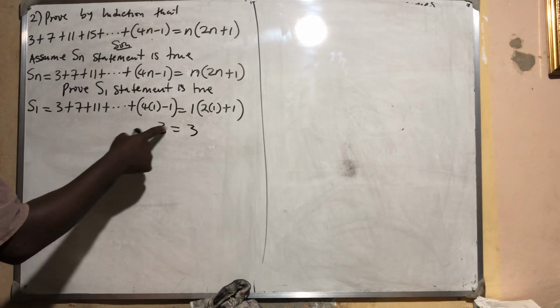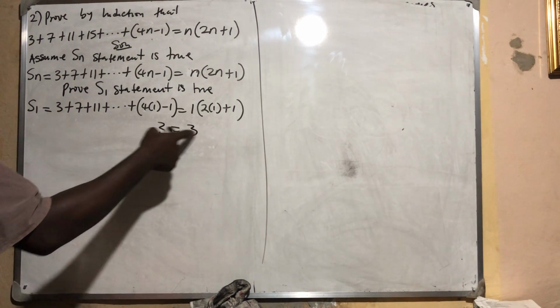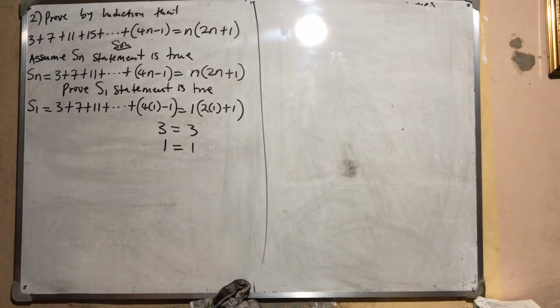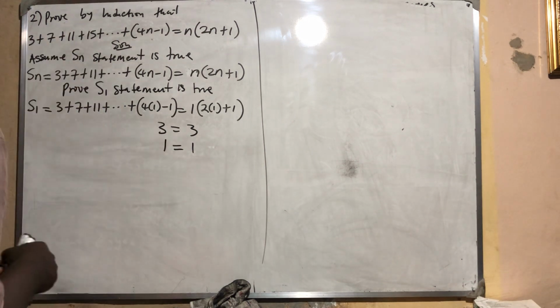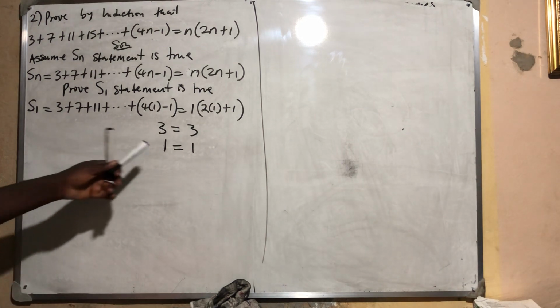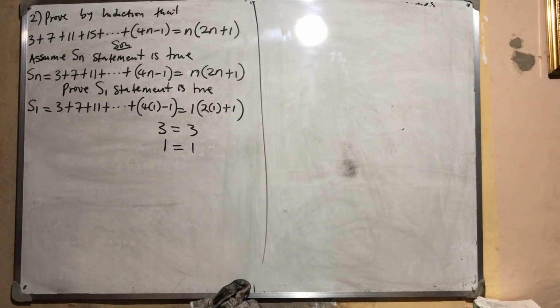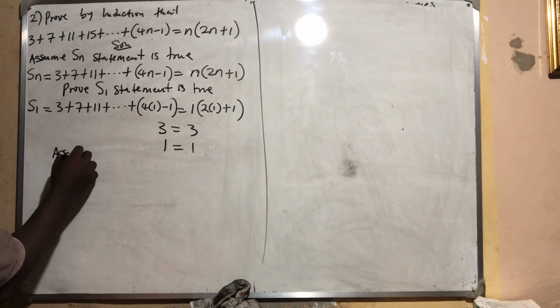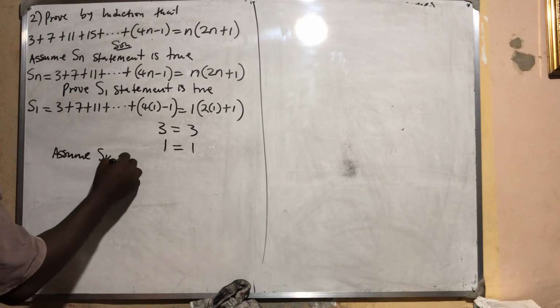Once you get that the left-hand side is equal to the right-hand side, I have 1 is equal to 1. Once you have 1 is equal to 1, you continue. But if they are not equal, don't continue. Then it cannot be proved by mathematical induction. But always they will give you the one that you will continue. So the next one is to assume Sk statement is true.